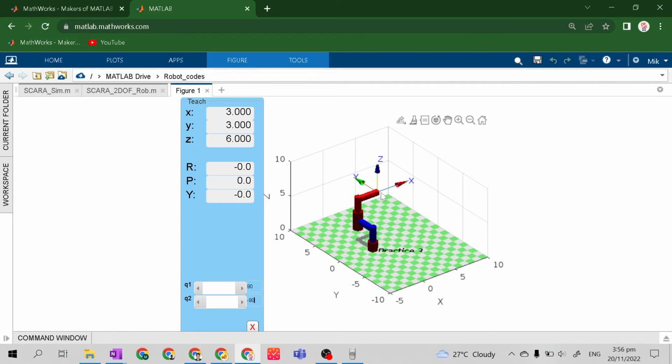So this is how our mechanical manipulator will look like if the joint variable is 90 degrees and negative 90 degrees. Okay. This is also the position. Okay. 3, 3, 6. So this is what it will look like.